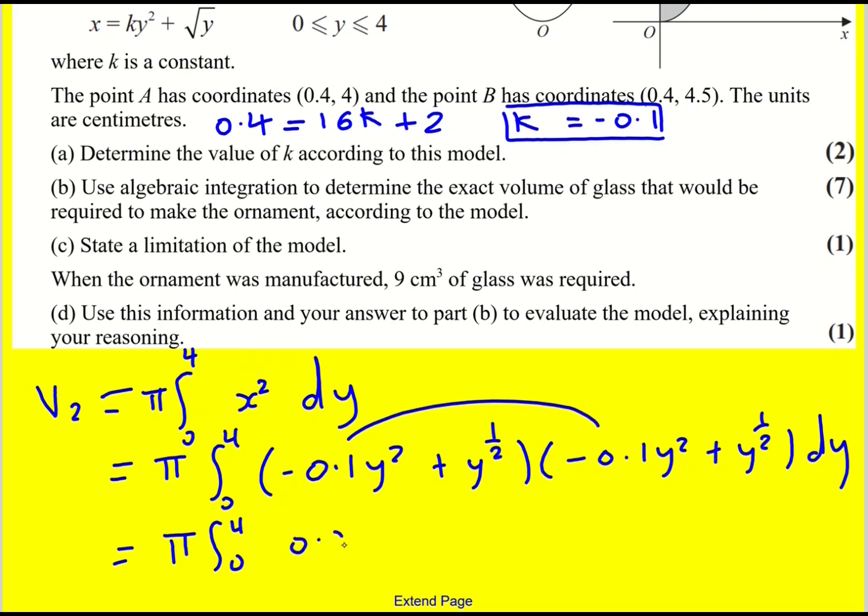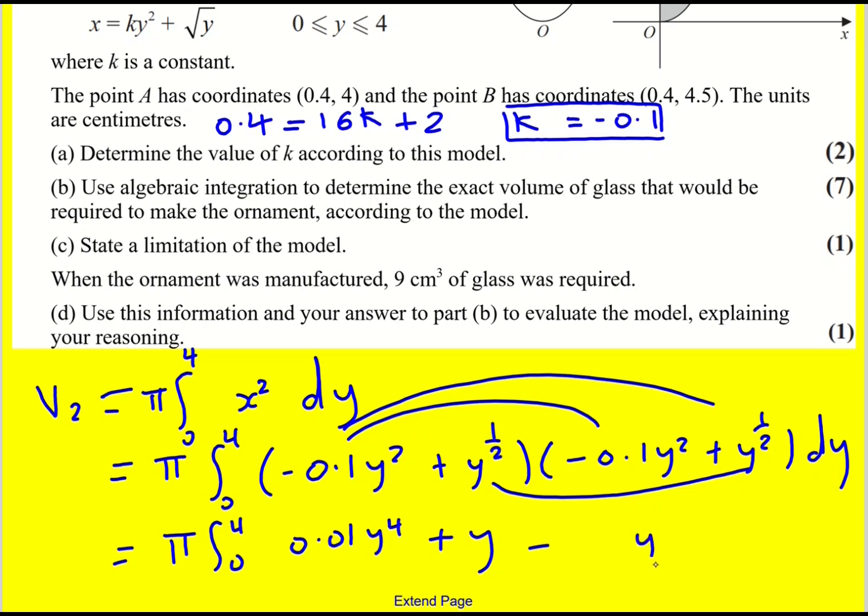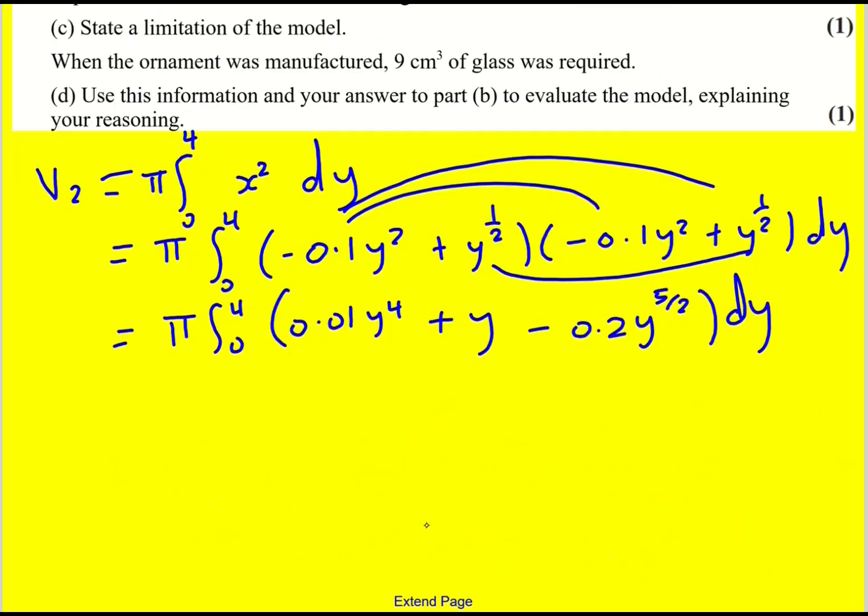I'm going to get 0.01 y to the 4, and deal with this bit now, plus y. And then it'll be minus 0.1 y squared times y to the half. That'll become y to the 5 over 2. And I've got another one of them, so that's actually become 0.2 here. I haven't integrated yet. I've just expanded the bracket, so we're now ready to integrate.